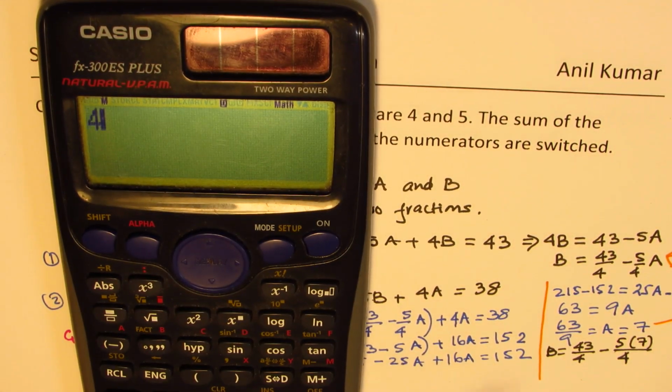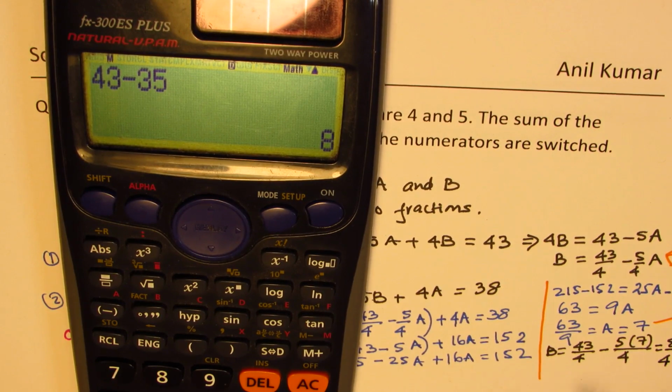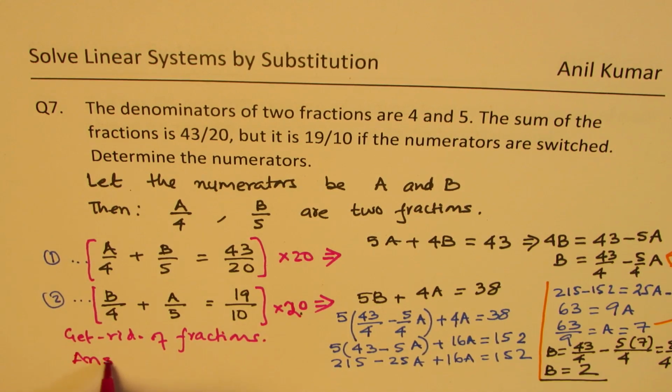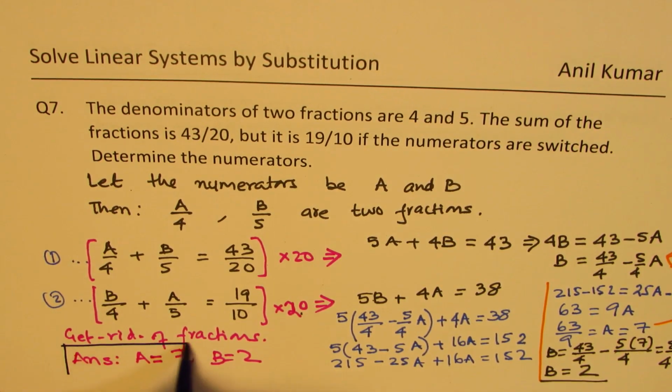So we get 43 minus 35, which is 8. We get 8 over 4. So we get a value of b equal to 2. So b is 2 for us. It was slightly complicated. However, we finally got the answer: the numerators are a is 7 and b is 2, correct? So that becomes the answer.